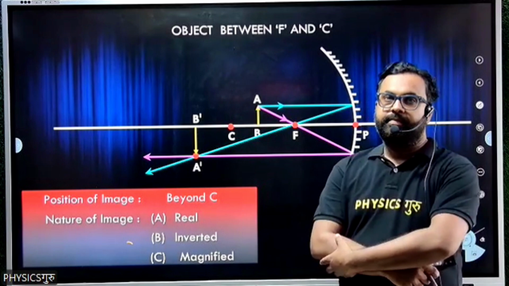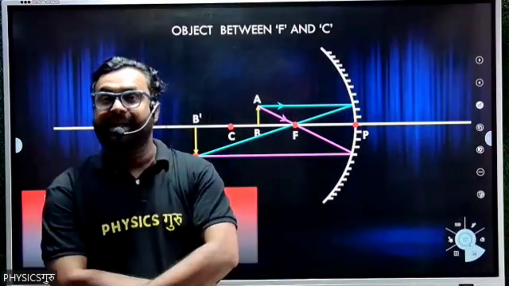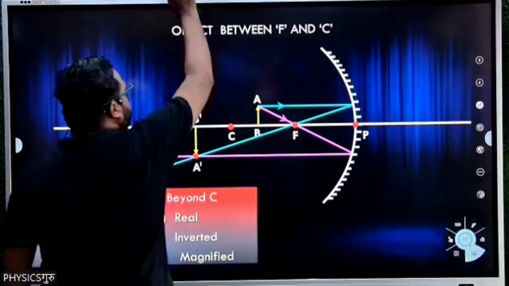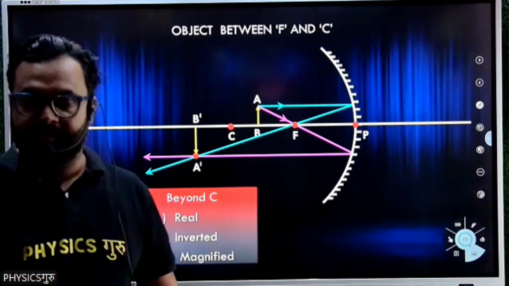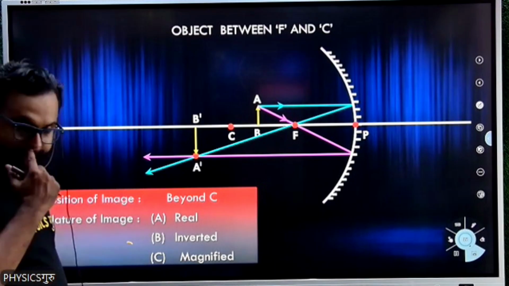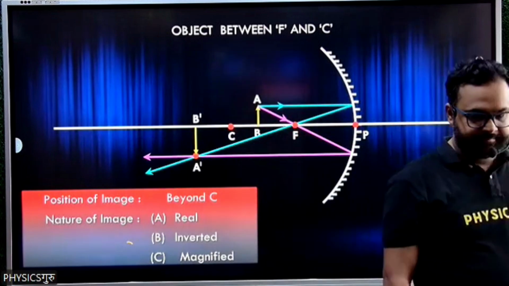Sir, we can take the object anywhere between C and F. Anyway, mostly we take it between C and F. Sir, it's going to be at C or beyond C?